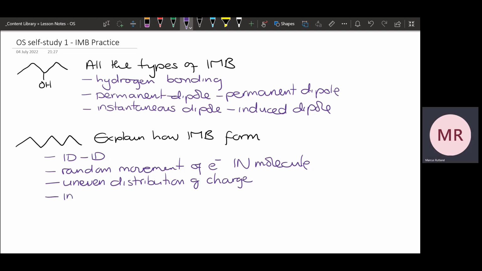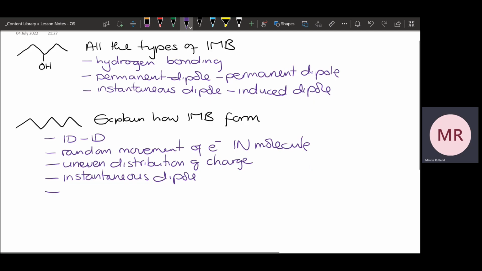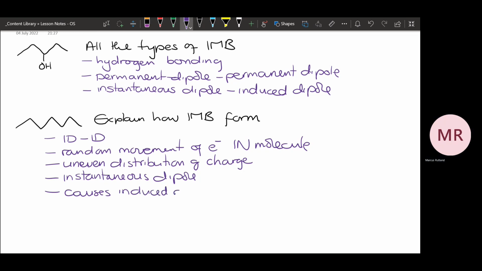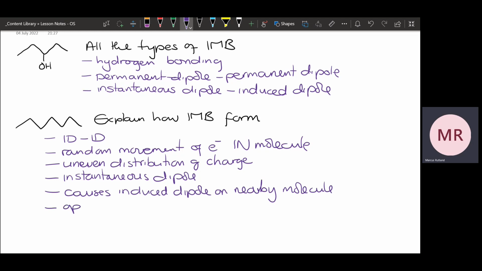And that's known as an instantaneous dipole. And then you say that causes an induced dipole on a nearby molecule. And the opposite charges on the two molecules attract.